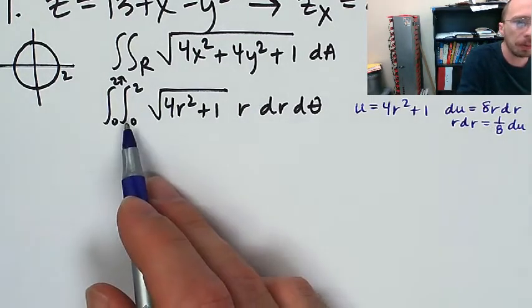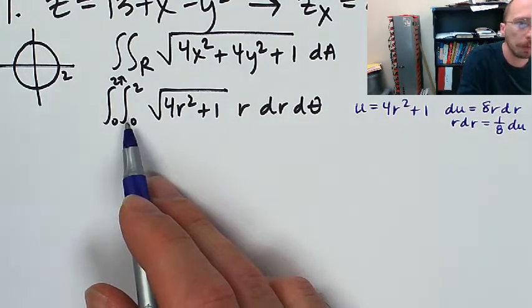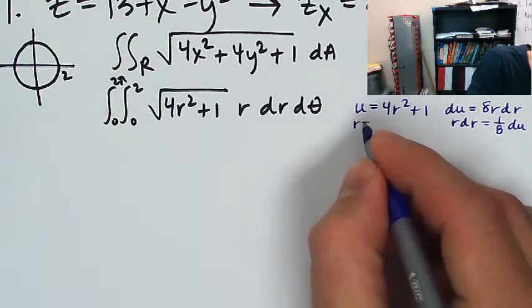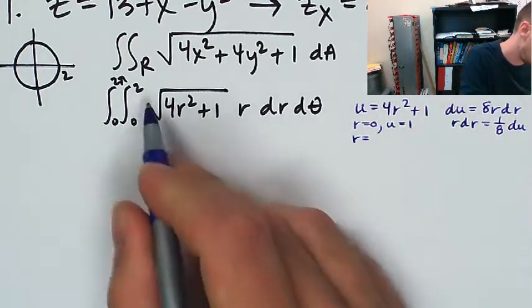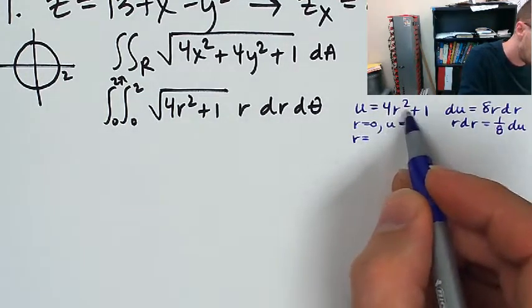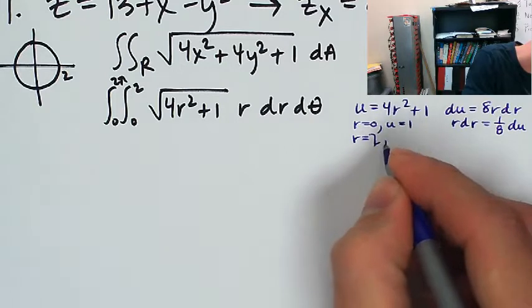And then when r equals 0, u will equal 1. And when r equals 2, I'll have 17.